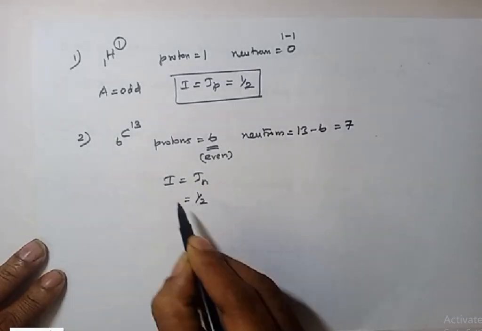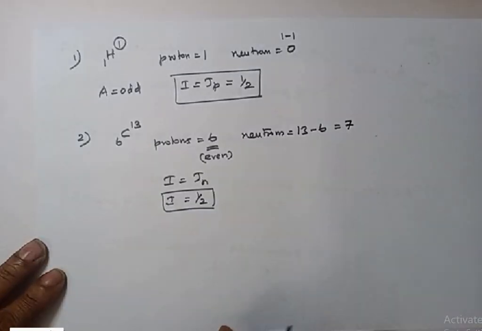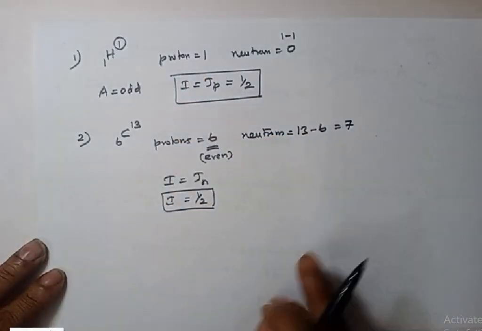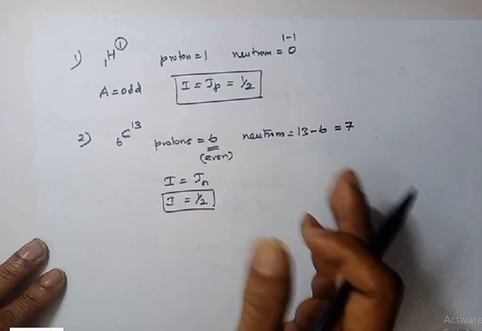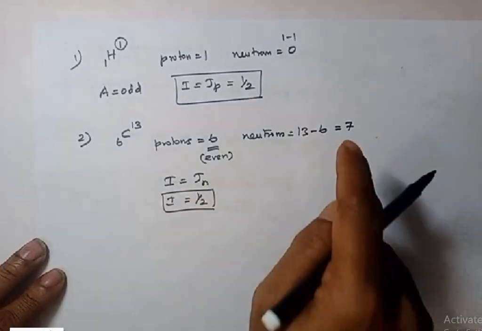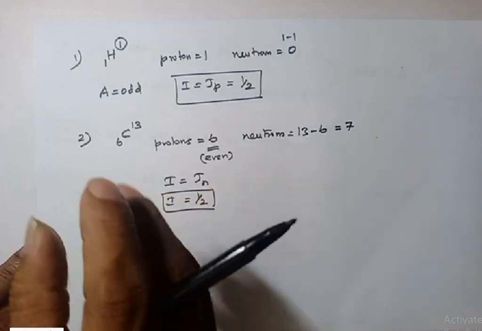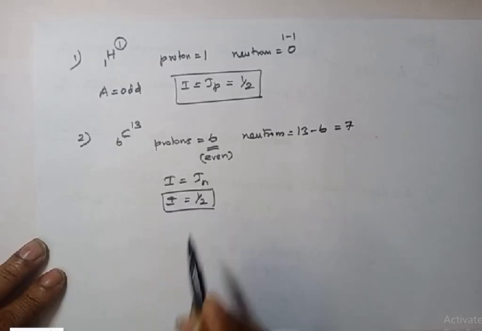We got the answer as 1/2 for these 7 neutrons. The first 6 neutrons pair up, so their spins cancel. Only the 7th neutron, the odd one, contributes to the spin of the nucleus, and the nuclear spin quantum number is half.